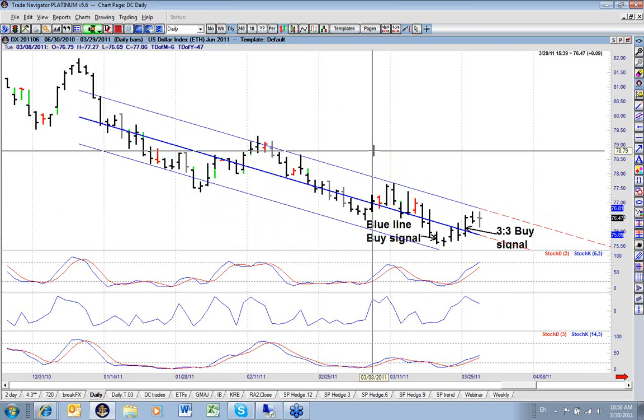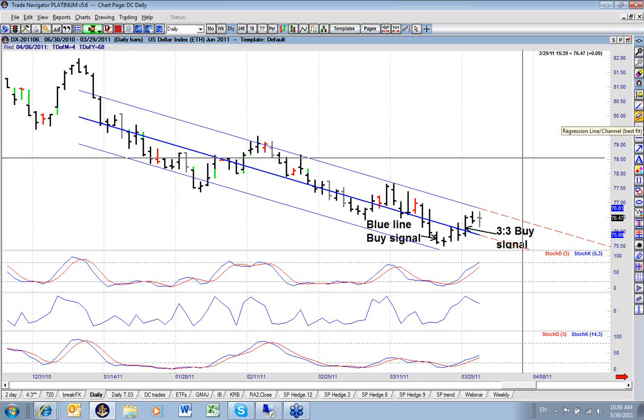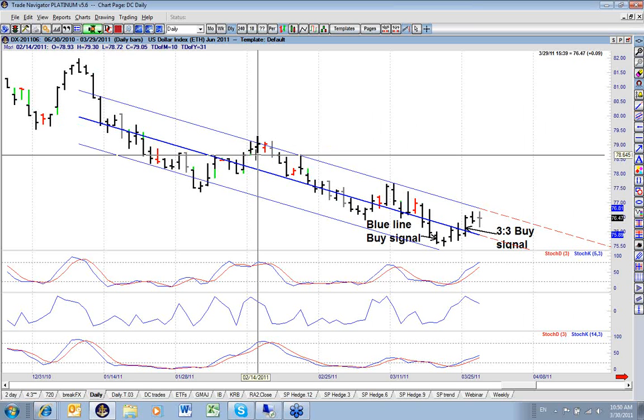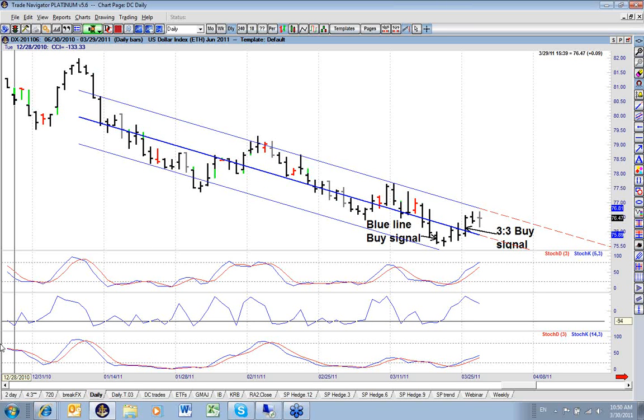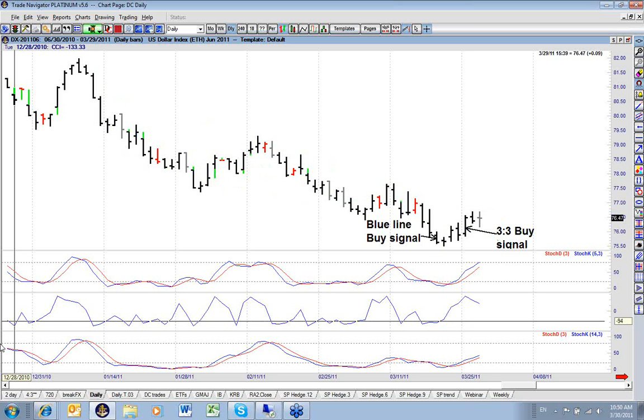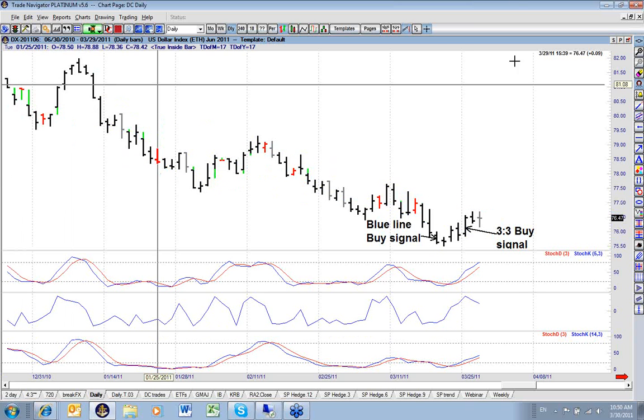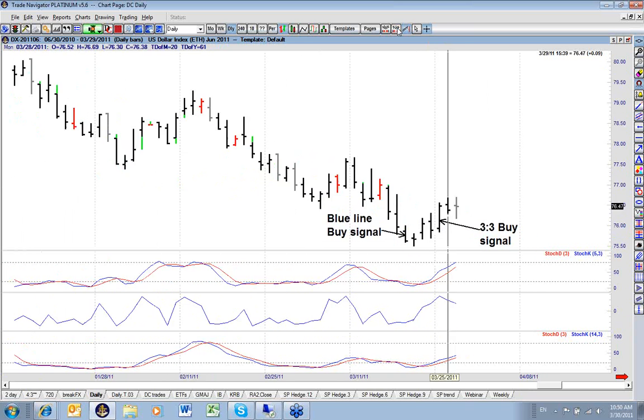If the regression channel is pointing down, the trend is down, and vice versa. And that's a very handy tool. It's up here. It's called Regression Line Channel Best Fit inside the Trade Navigator suite of indicators. So we know the trend is down here, and we know it's hard down.